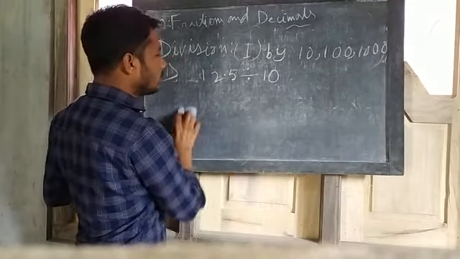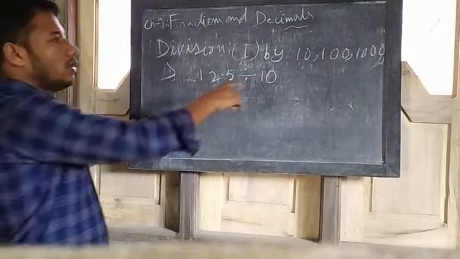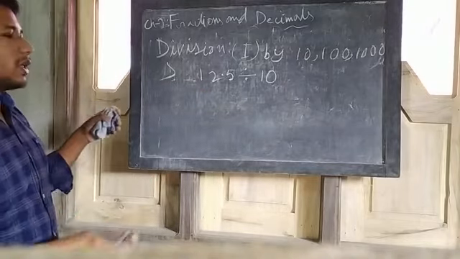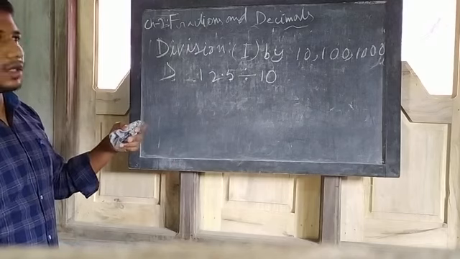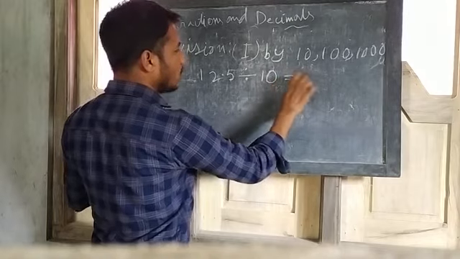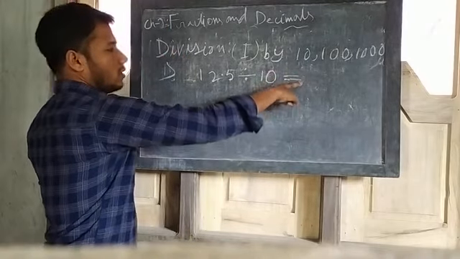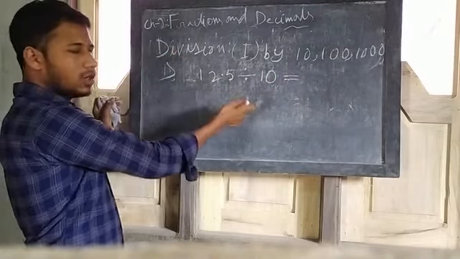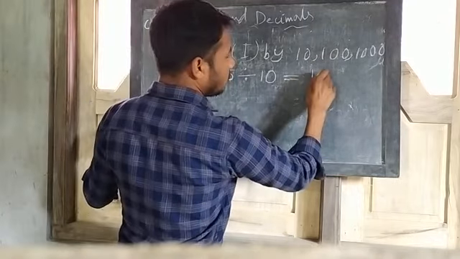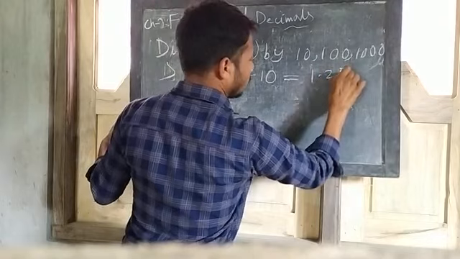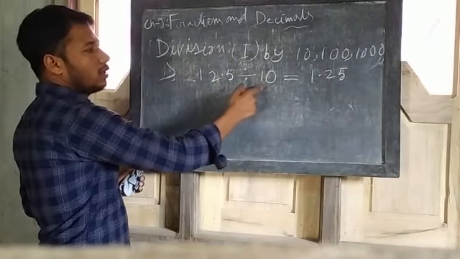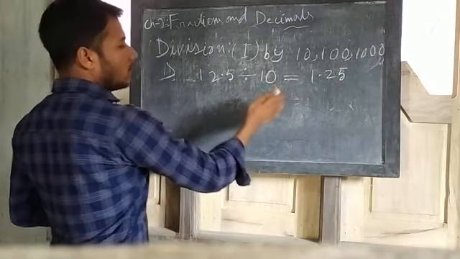In division by 10, 100 and 1000, it is the opposite of multiplication by 10, 100 and 1000. So in division, the point will transfer to the left side, this side. 1.25. Okay. By division of 10, the decimal will transfer to the left side.